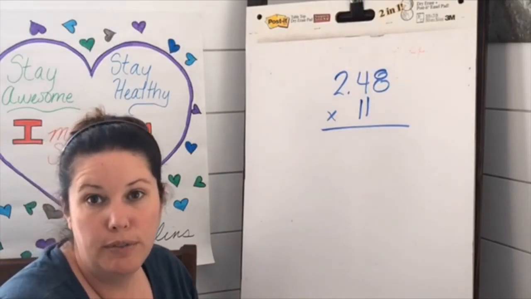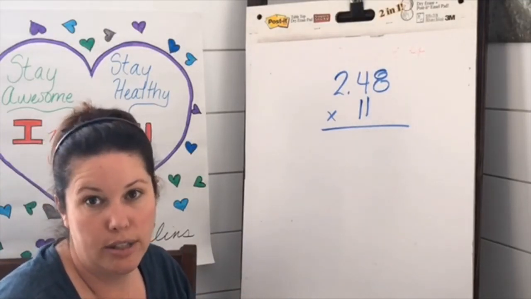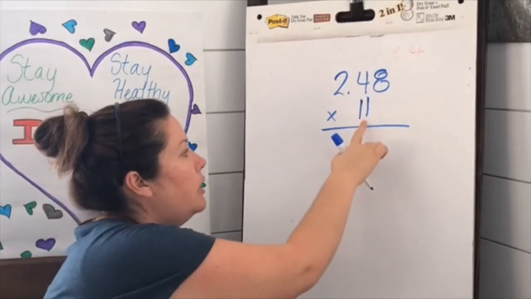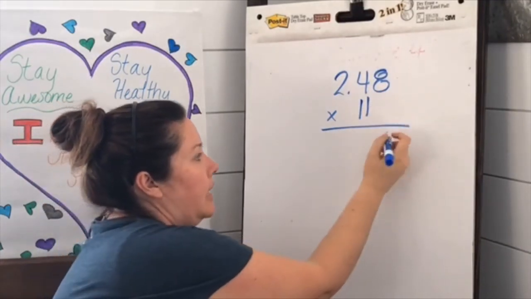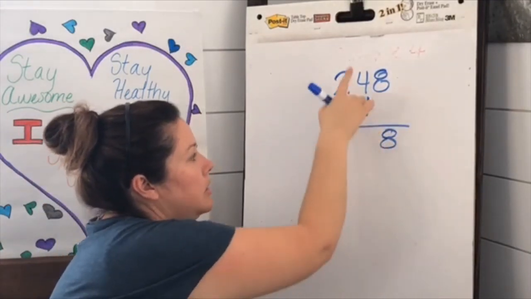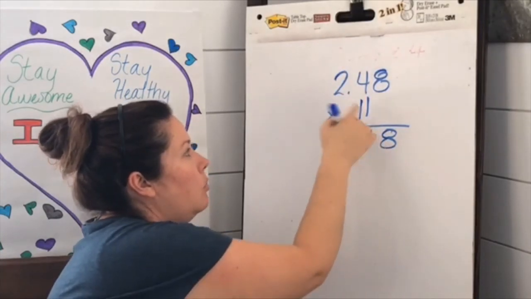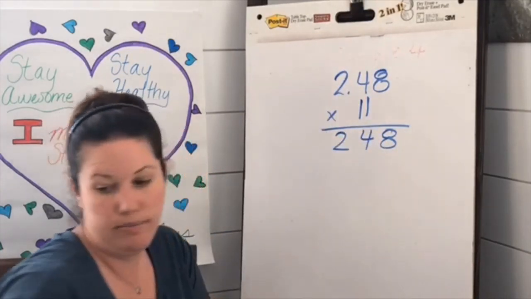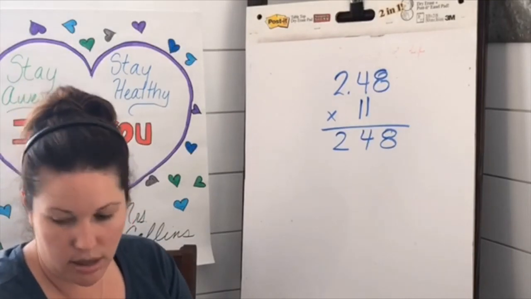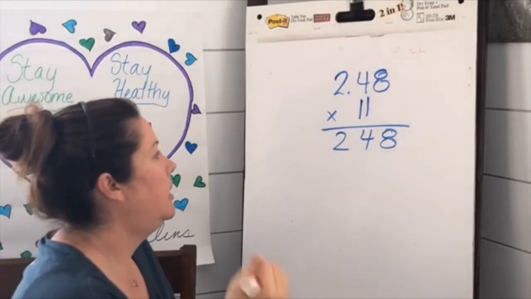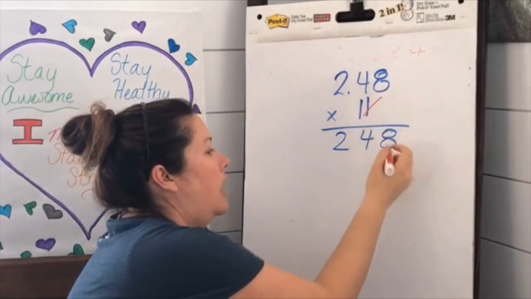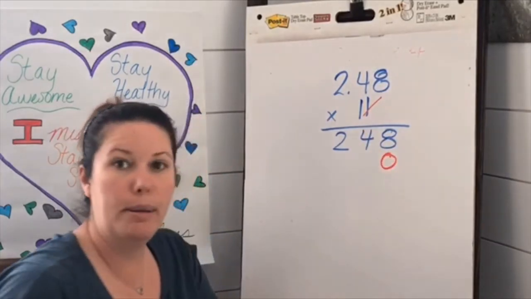So I'm going to do my first row in blue and my second row in red so you can see the difference. So here's 1. 1 times 8. 1 times 4. 1 times 2. Okay? And now my ones place is done. I'm going to cross that out. And I'm going to put a 0 down here for my placeholder.